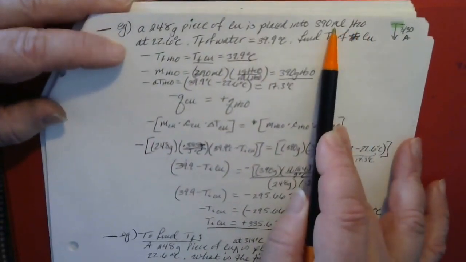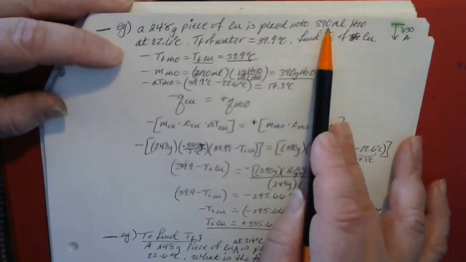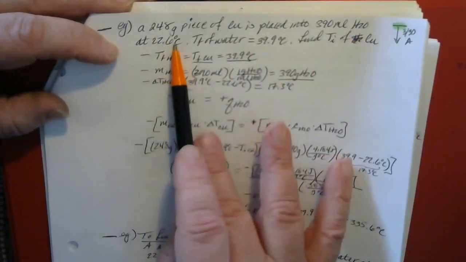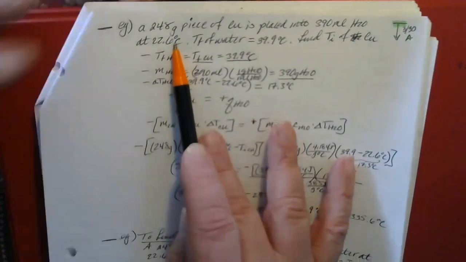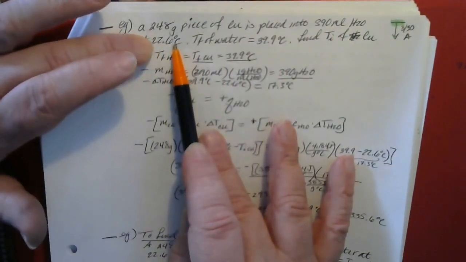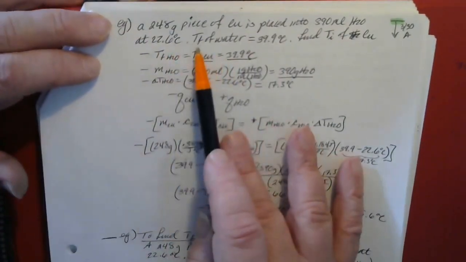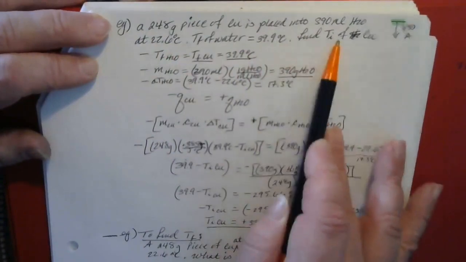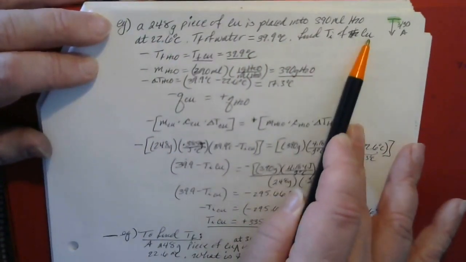Since water has a density of 1 gram per milliliter, that's also 390 grams of water. The water starts at 22.6 degrees Celsius. Remember, the copper is hot, so its temperature is way above 22.6. The final temperature of the water is 39.9 degrees Celsius. Find the initial temperature of the metal, the copper.